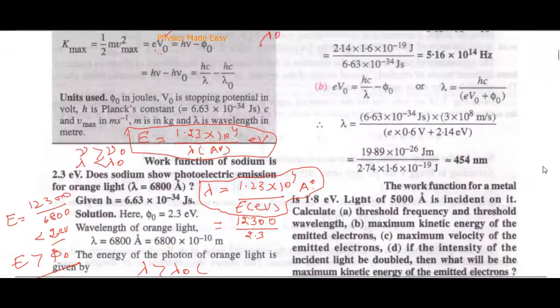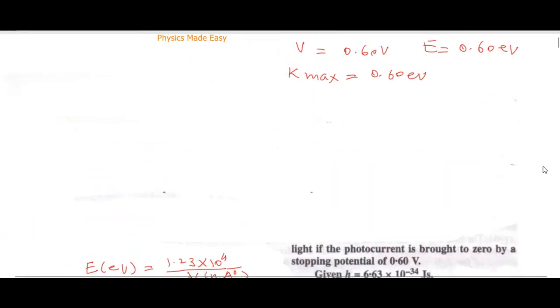He has given us the work function. If the work function is given, E is the energy of the incident photon. This is K max plus work function phi. Now this K max is given to be 0.60 electron volt plus 2.3 electron volt. So this is the total energy.